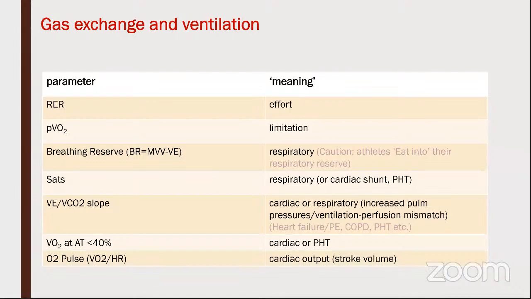There are internationally well-published tables, gender and age specific, for what a person should achieve. For example, a younger middle-aged man who is untrained, you would expect to have a peak VO2 somewhere between 35 and 45 milliliters per kg per minute.